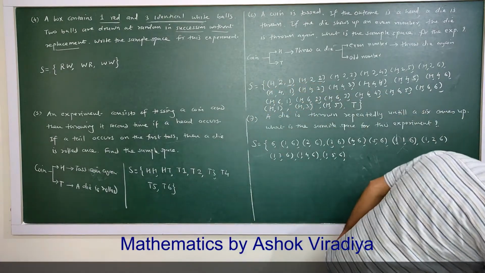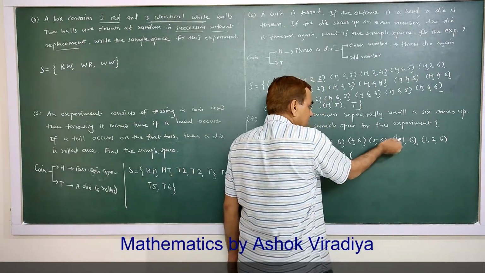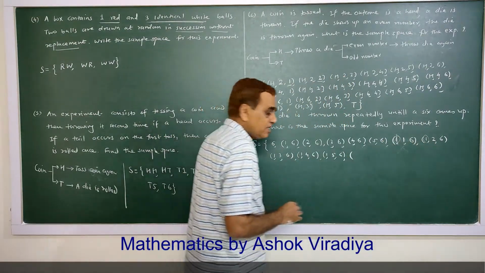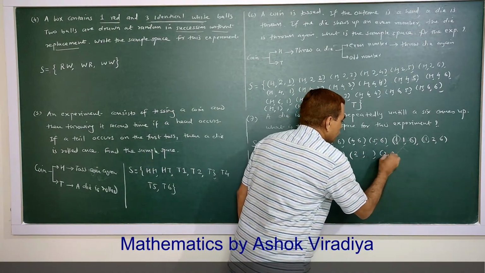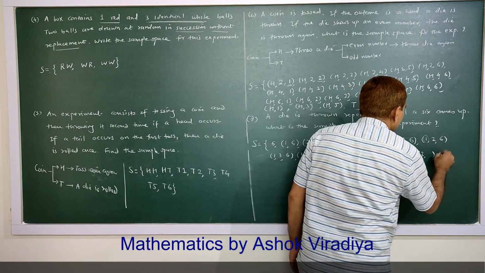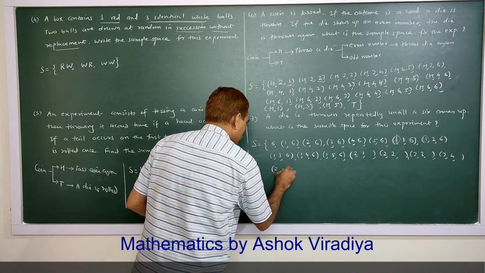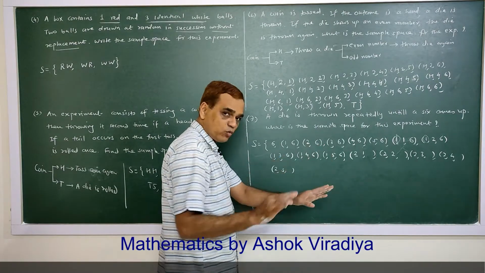Now, on the first toss, these are the observations in which in the first place we have taken 1. Now I am taking 2, 1, 2, 2, 2, 3, 2, 4, 2, 5. Then don't take 2, 6, because at 2, 6 the experiment is over.